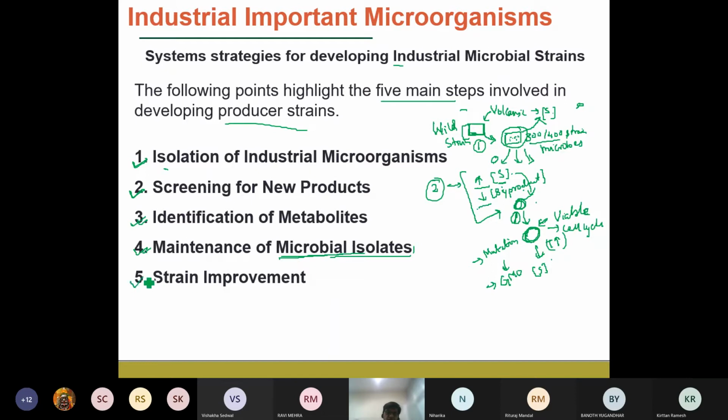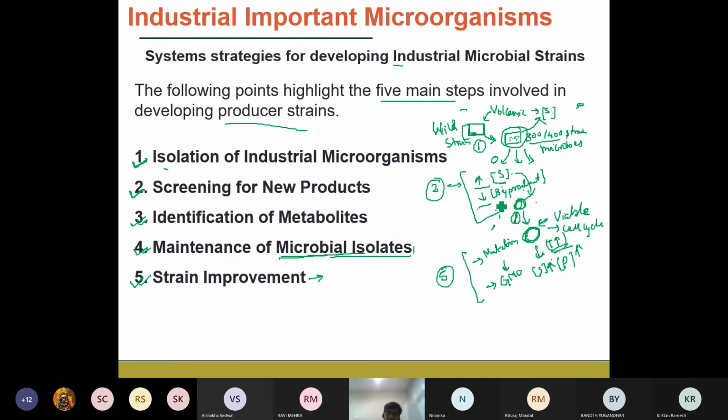And then after that we have to go for the strain improvement. So these are the steps that I was talking of, the mutation or the genetic modifications, right? So these are the steps which will be used to improve the strain, okay, so that it can be easily used for industrial fermentation. Like for example, it should be able to grow at high temperatures, it should be able to withstand higher substrate or higher product concentrations, right?